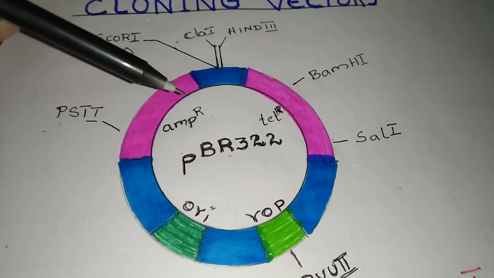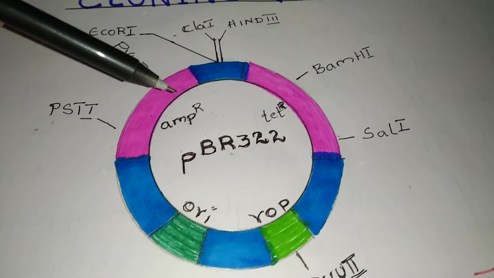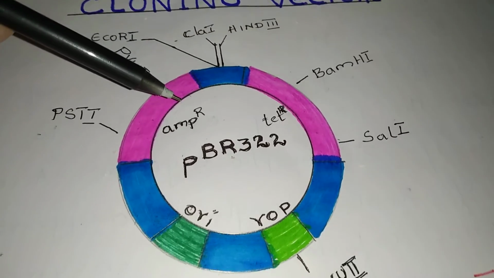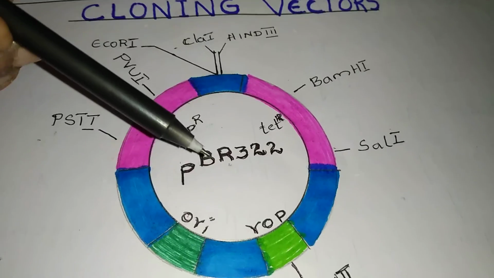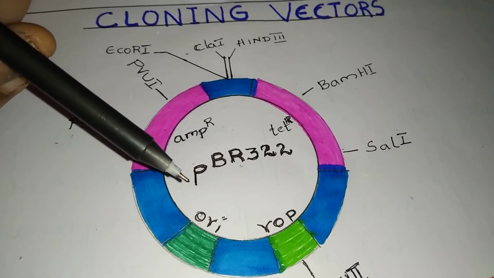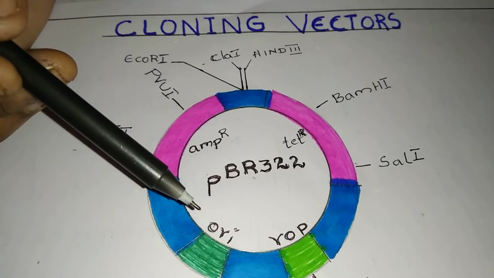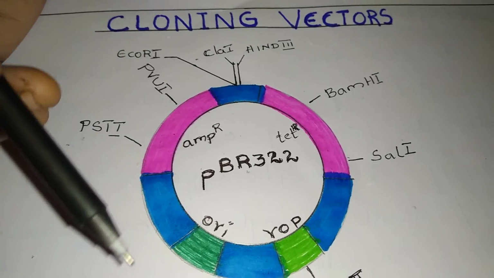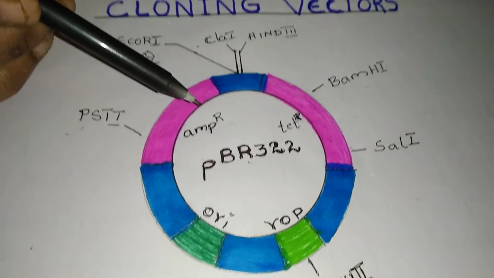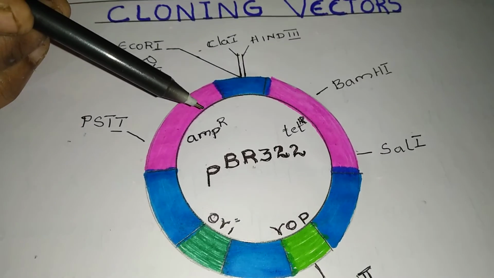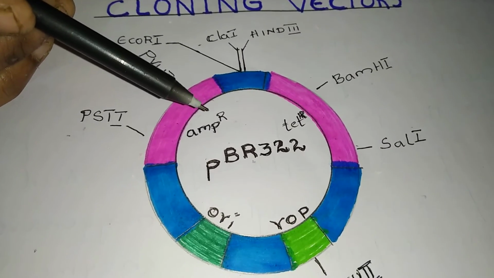But this is a complicated process because it requires plating of these cells on two different antibiotic solutions simultaneously. So another process has been developed in order to differentiate the recombinants from non-recombinants, which is called the white-blue screening method.